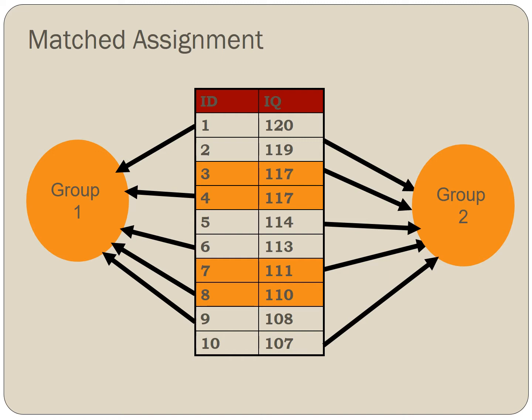So the first set is those top two students, ID 1 and 2. One had an IQ of 120 and one had an IQ of 119. So my students with the top IQ scores are in set 1. My students with the IQ scores after that, third and fourth, are in set 2.